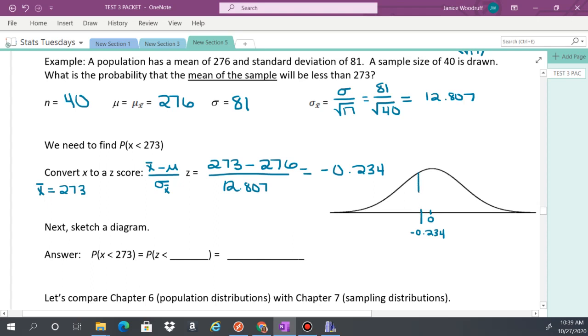So that means, what is this area to the left, because that would be less than, to the left of this value under this normal distribution curve that has a total area of 1. So what percentage of this curve is this? Just looking at that, that should be less than 50%, because 50% would be right here. So we want to get this value here. We can look this up in our z table if we'd like.